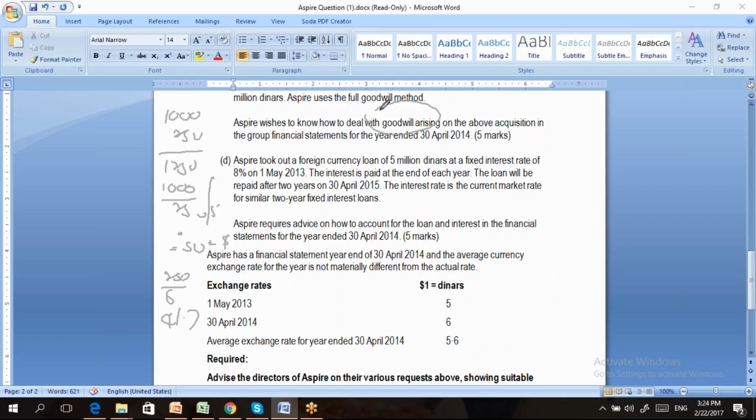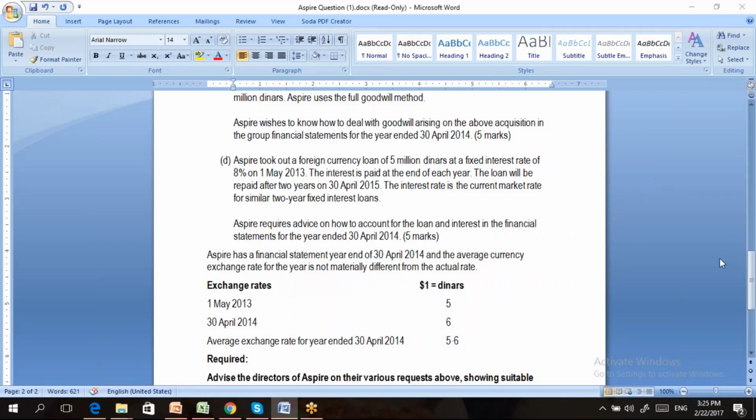But that part is not given in this paper. This question asks only how to deal with goodwill arising on the above acquisition. So that's basically how you will do that one.